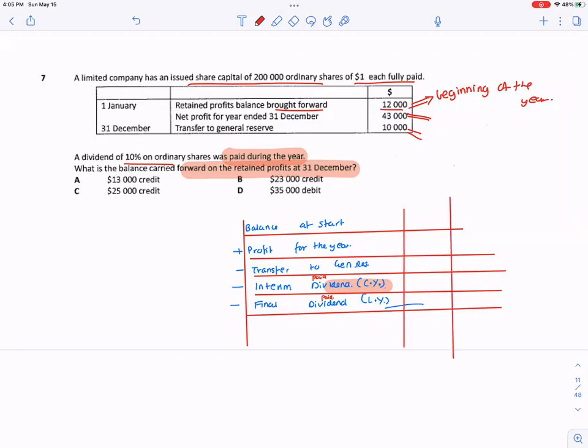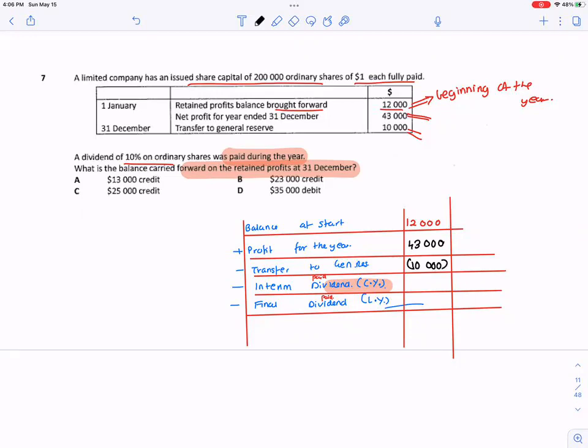Can you tell me what is the retained earnings at the start? It's 12,000. Profit for the year was 3,000. Transfer to general reserves is 10,000.